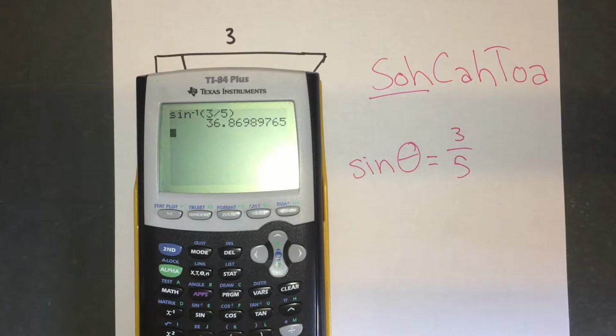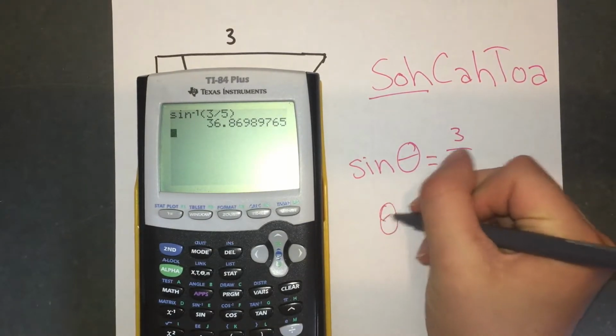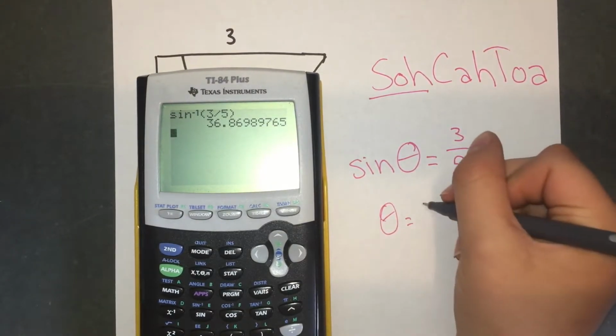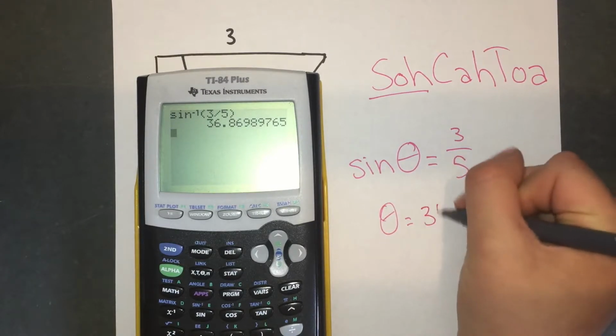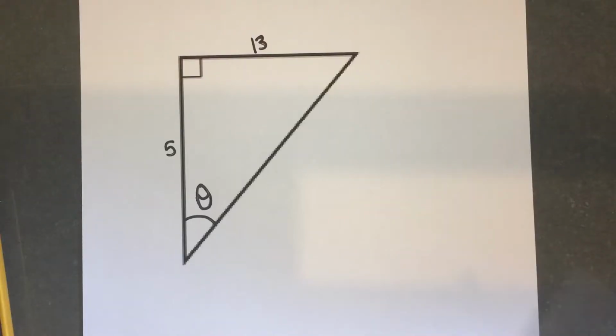And that equals about 36.9. So theta equals 36.9 degrees. In our next one, we again have 2 given sides and an angle of theta.